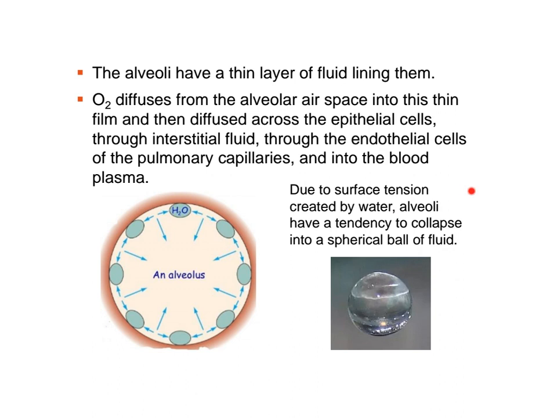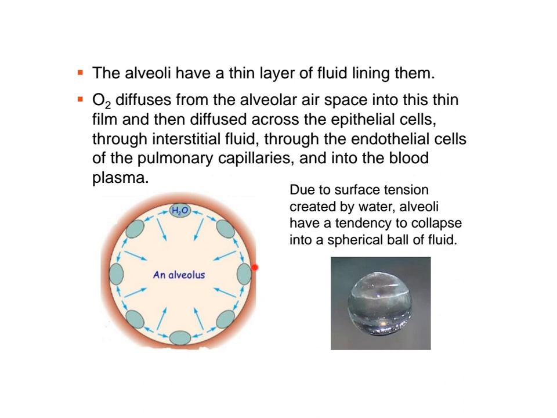Recall that oxygen is electronegative, and so it will tend to attract electrons, whereas the hydrogen ends of a water molecule tend to have a partial positive charge, because they've essentially unequally shared their electrons with the oxygen. And so water is polar, and because of that, it tends to stick together.